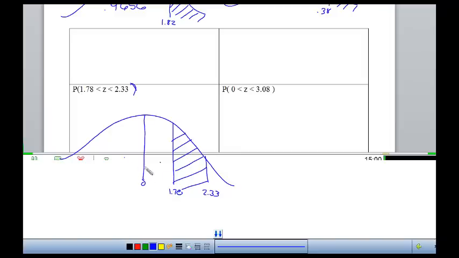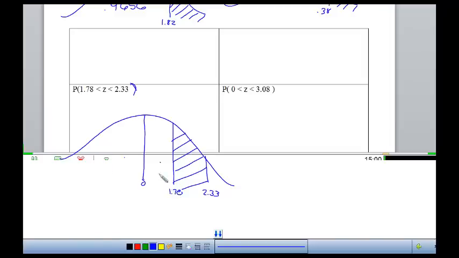Does that make sense? So you would look up the value for everything left of 2.33 and then subtract everything left of 1.78. That's right. Look up the value for what's left of 2.33 and subtract from that the area that's left of 1.78.